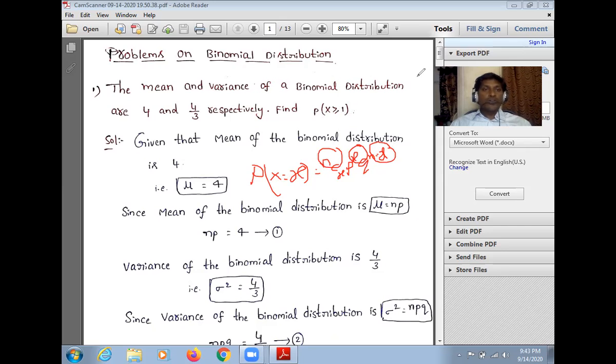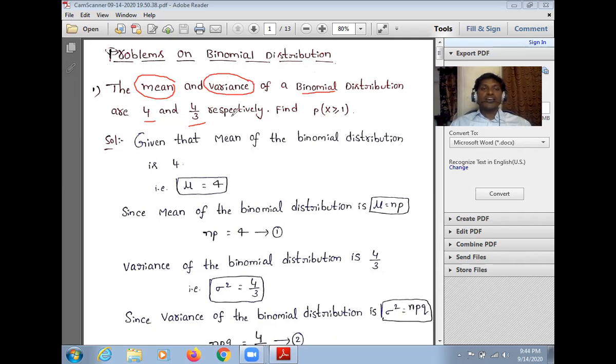Now the first one: the mean and variance of a binomial distribution are 4 and 4 by 3 respectively. Find P(X ≥ 1). The important thing is to see what they mention in the problem. First they give the mean and next the variance of the binomial distribution, 4 and 4 by 3 respectively.